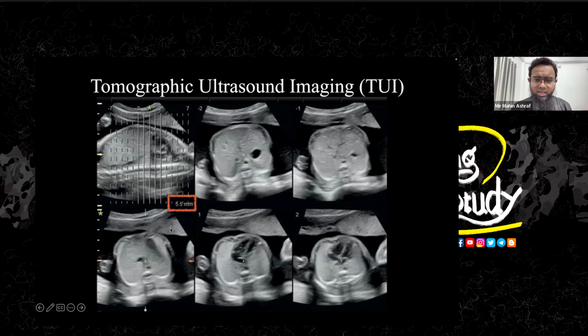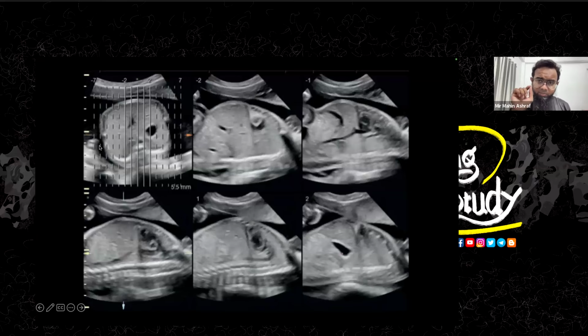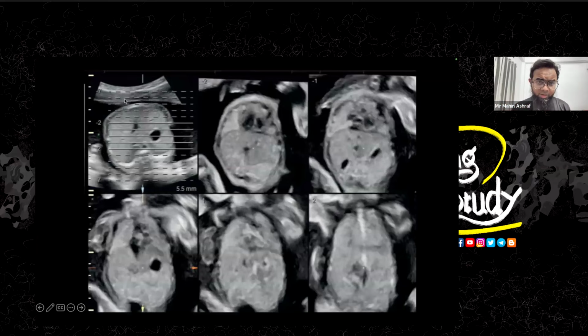Like here, you can see the axial sections of the whole fetal parts. We can choose the millimeter of thickness, what we want to see, how many images we want to see, all you can set. So here we want to see the fetus from left to right in a sagittal section. We have chosen this part and you can see these images. Here we have chosen from anterior to posterior and you can see the coronal sections of the fetus.